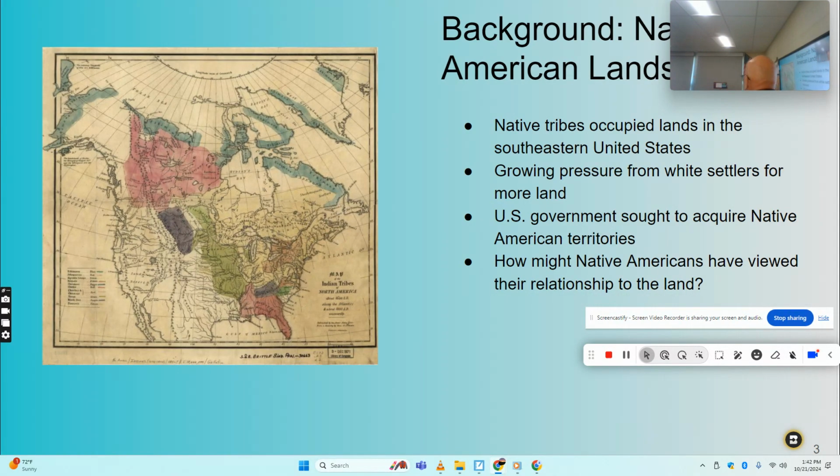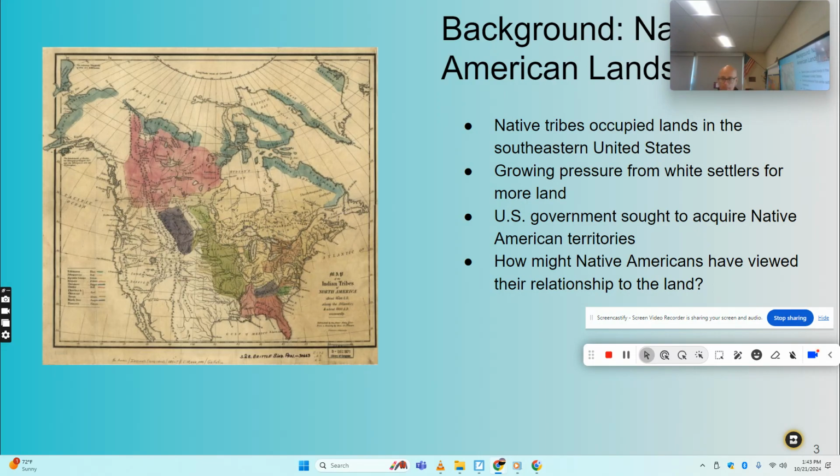That is what's precipitating the Indian Removal Act, to make way for American settlers, to make way for American farmers, to make way for Americans who want to settle on what are established, tried, and true Native American lands.